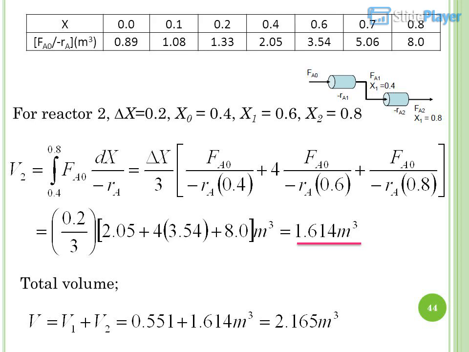For reactor 2, delta X equals 0.2, X0 equals 0.4, X1 equals 0.6, X2 equals 0.8.